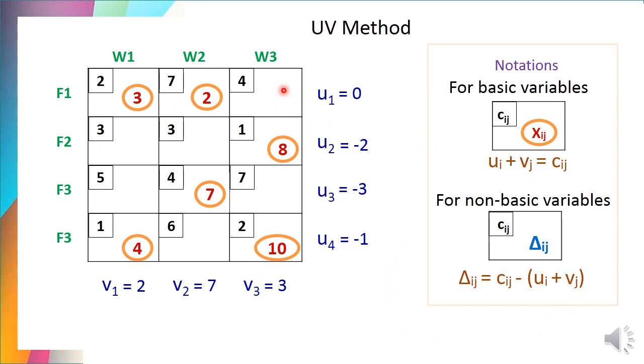So let us compute for this particular cell. So delta ij is nothing but 4 minus (3 plus 0), that is nothing but 1. Here it is nothing but 3 minus (2 plus minus 2). So that is nothing but 3. Here it is 3 minus (7 plus minus 2). It is minus 2.